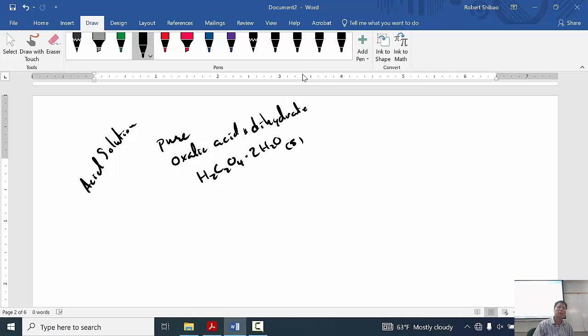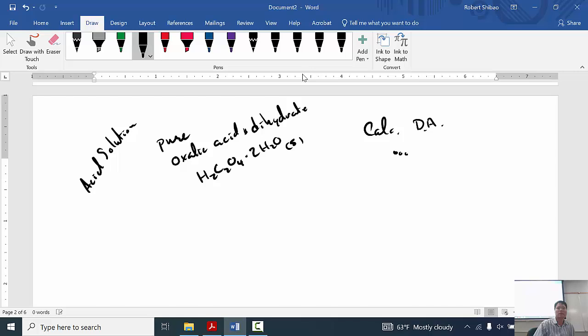And now we're going to make our acid solution. Our acid solution, we have to do a calculation. Did anybody do the calculation for this? This is just a dimensional analysis calculation.